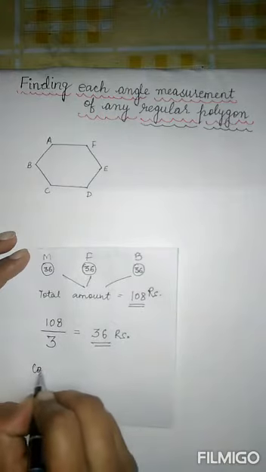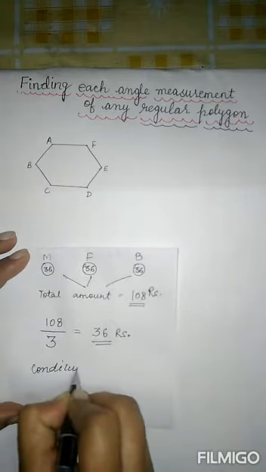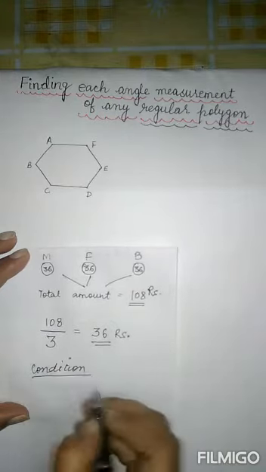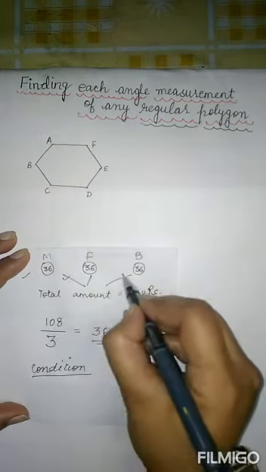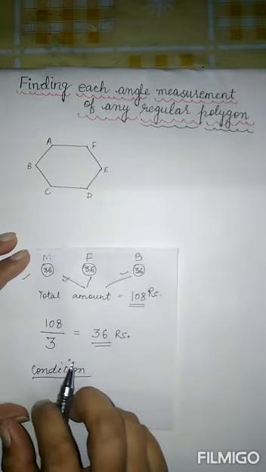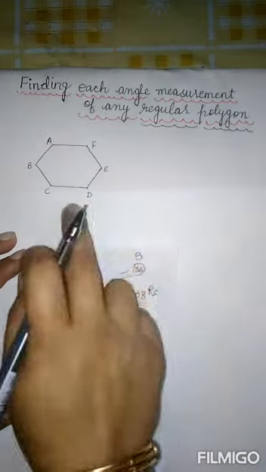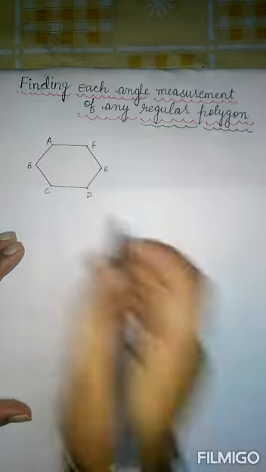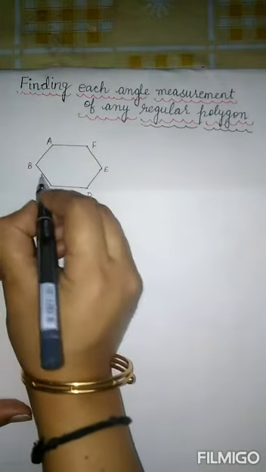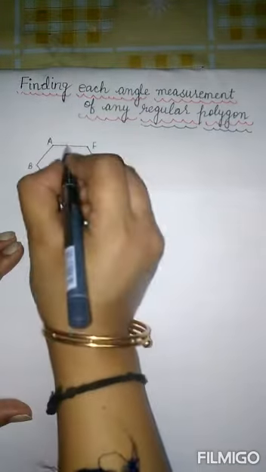But the condition was I got the same amount from all. Yes, the same will happen here because regular means each side is equal.